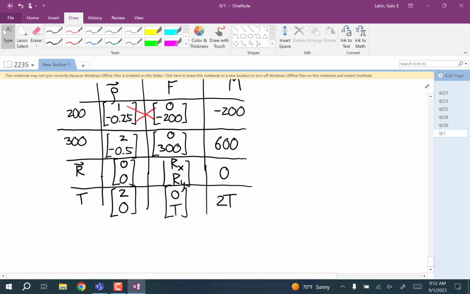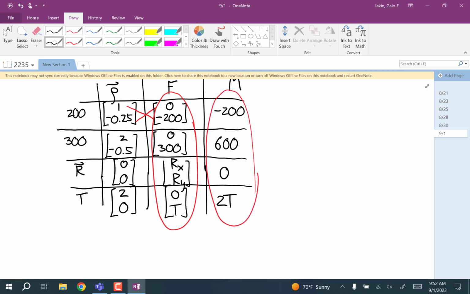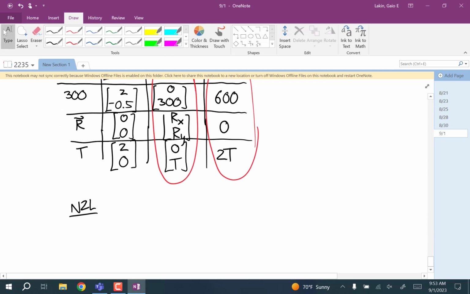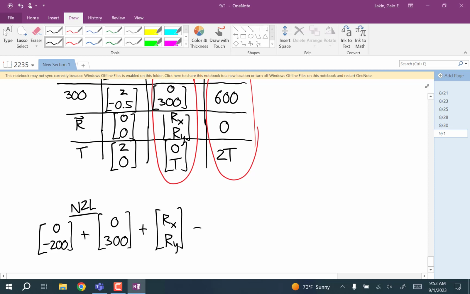And now we're almost done. Add these up, set it equal to 0 for Newton's second law. Add these up, set them equal to 0 for the moment equation. So Newton's second law says 0, negative 200, plus 0, 300, plus Rx, Ry, plus 0, t is equal to zeros.